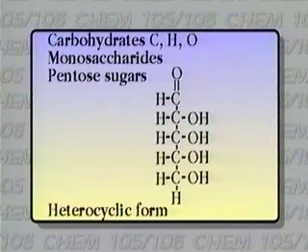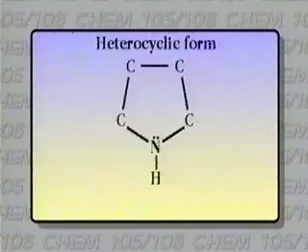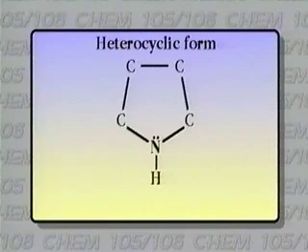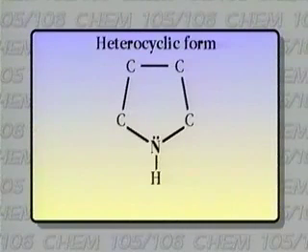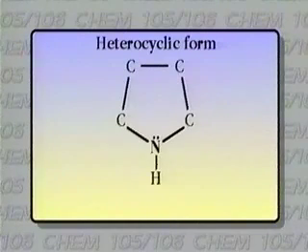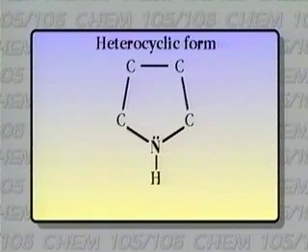So if we had something like we looked at earlier in the year, something like this with a hydrogen on here and a pair of electrons, we called that a heterocyclic amine. That was an amine, the nitrogen-hydrogen structure in the overall ring. This is heterocyclic, and as I say, in most cases we really find the pentose sugars in nature not in a linear form, but rather in the heterocyclic form.